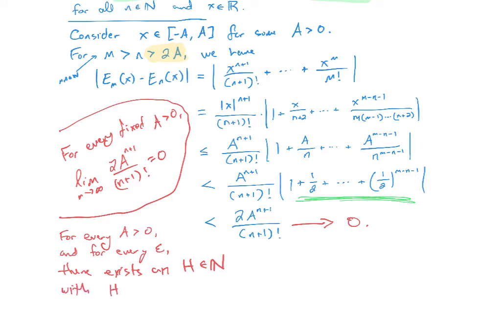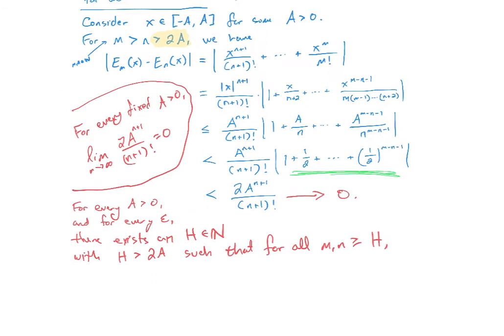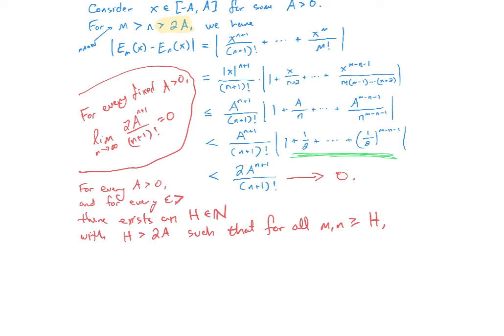And I guess I want H to be greater than or equal to, well, how about just greater than 2a, such that for all, there's a lot of quantifiers in here. Oh, I should have said epsilon is greater than 0. We have, probably want to say m greater than n right there.